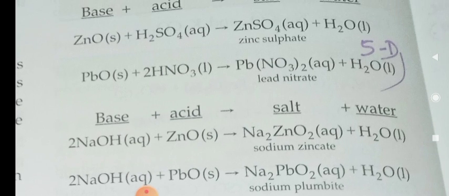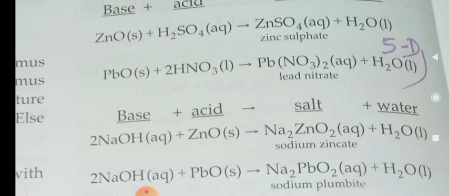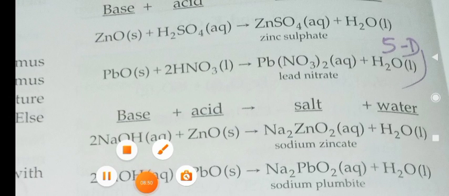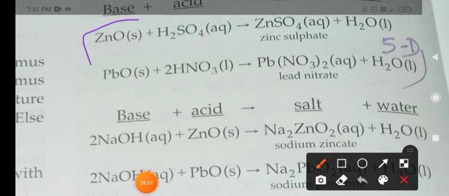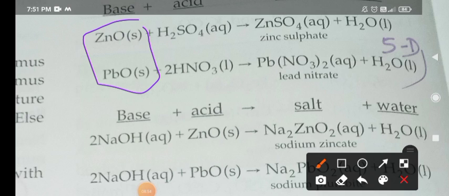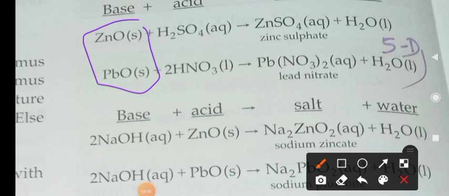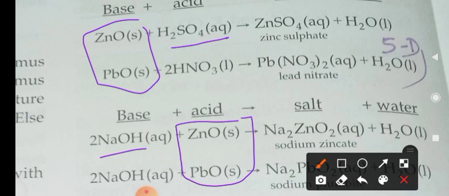When you look at these cases, in the first case the oxide behaves as a base, whereas in the second case the oxide behaves as an acid. So in the presence of acid they behave as a base, and in the presence of base they behave as an acid.